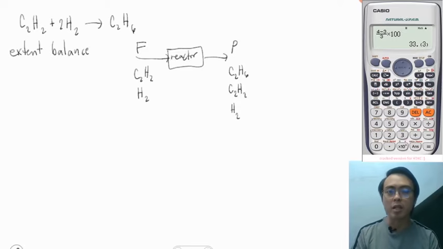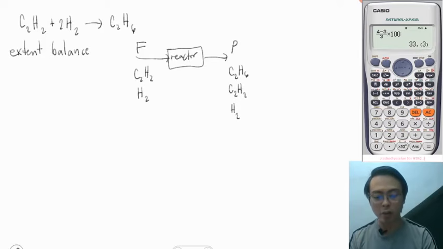The extent balances are applicable to every component of the process. In this example, we have 3 components, your C2H2, your H2, and your C2H6. Therefore, you can perform 3 extent balances. So I will be illustrating what's the extent balance for C2H2.